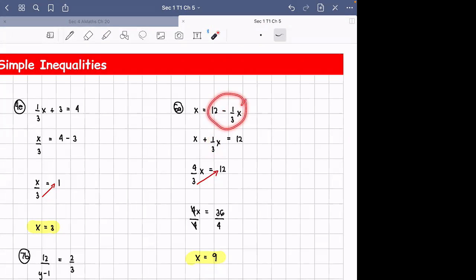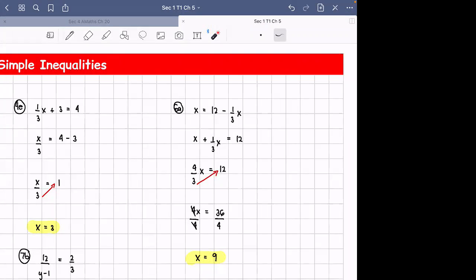They are different. You need to put this with the same variable, with the same kind. So it becomes x plus 1/3 x. Okay, so your answer is 9. So Tisha got it right.